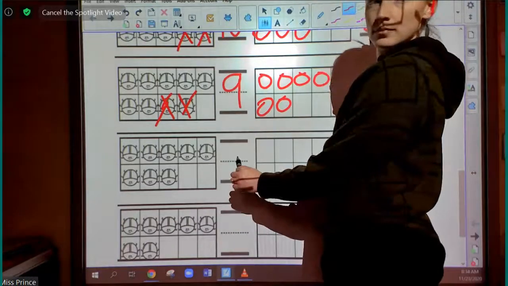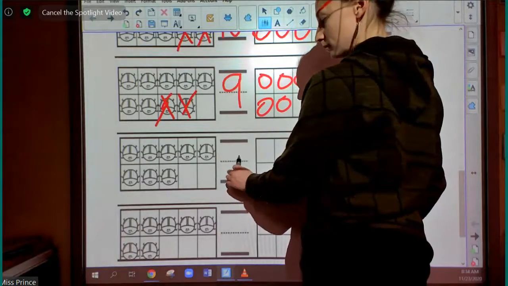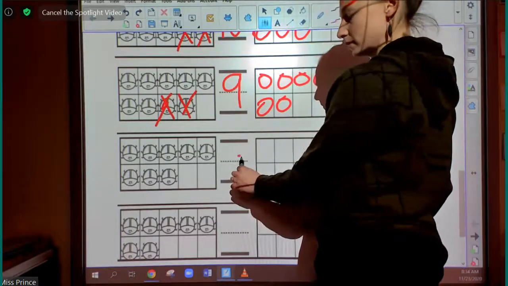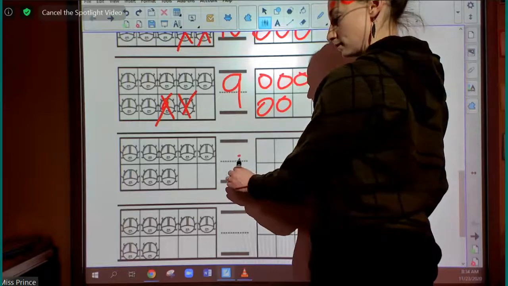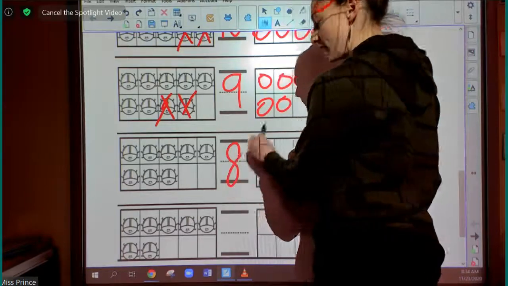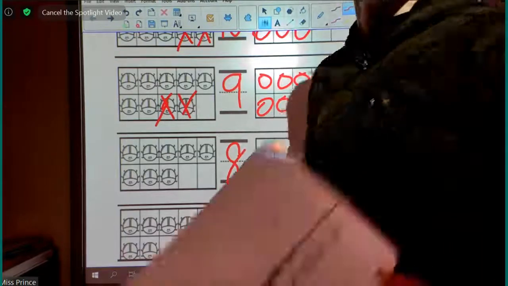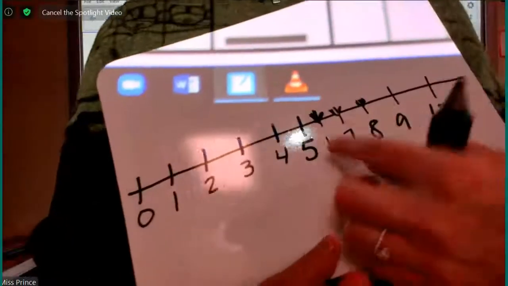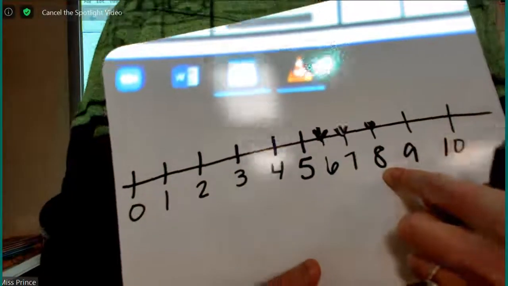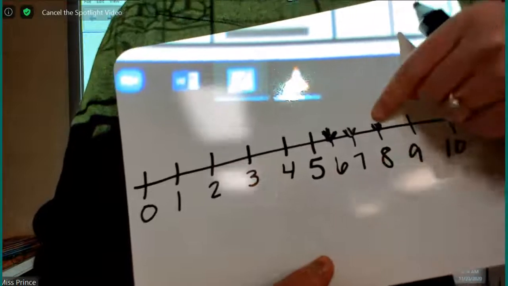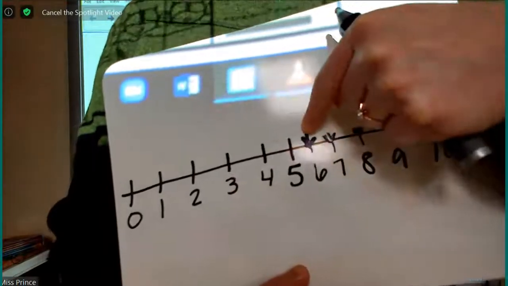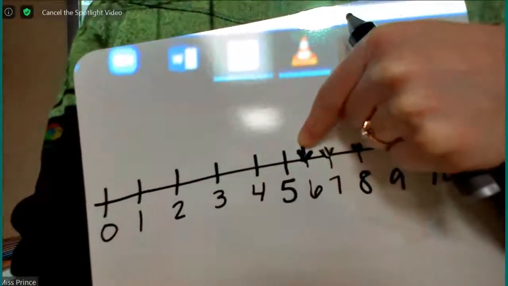How many? Yeah. Can you tell me the number? 8. Good job. Okay. So, Deleza, we're at 8, and we want to get 2 smaller. So we're going to go 1, 2. How many am I going to draw?